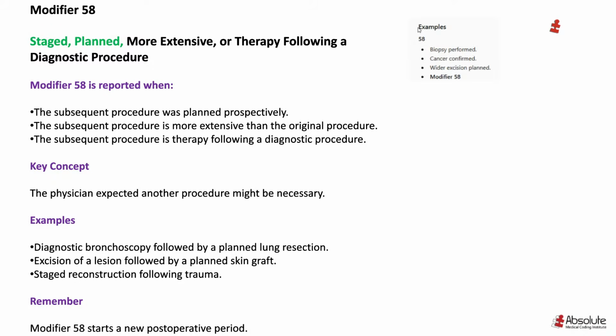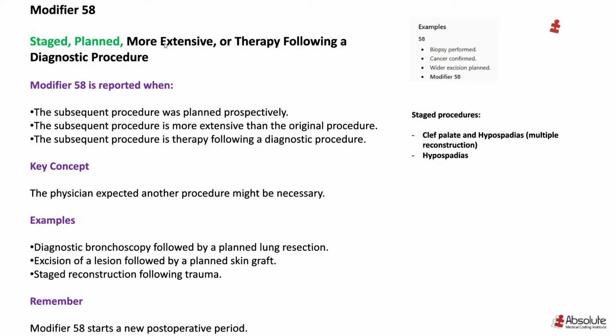Now, here are some more examples of modifier 58. The biopsy performed, cancer confirmed, a wider excision planned, all use modifier 58 because another related, planned procedure is going to come behind these procedures.